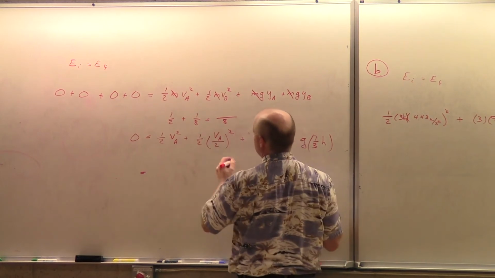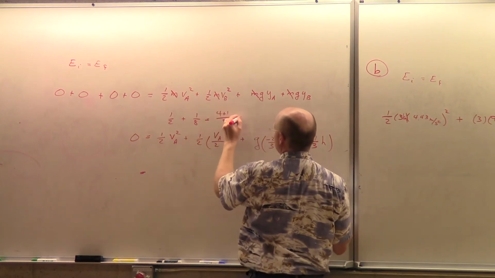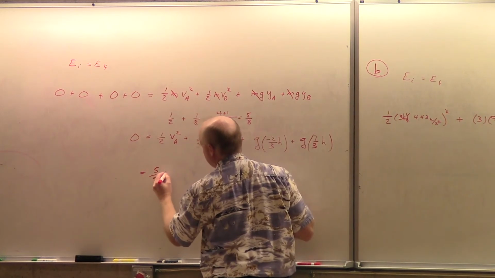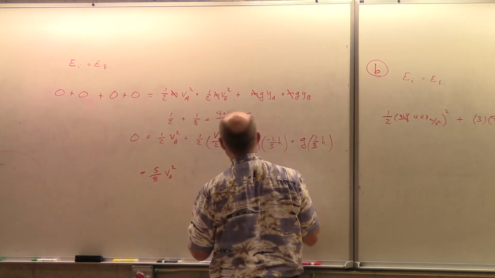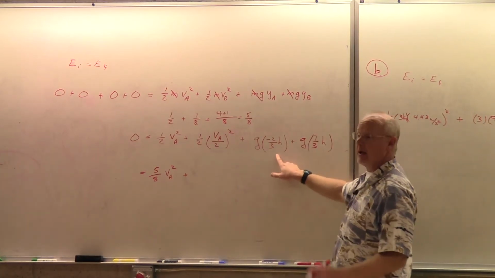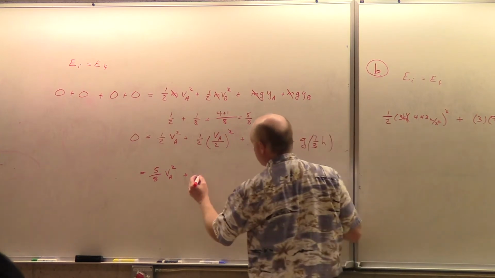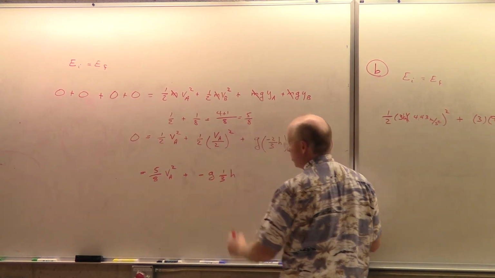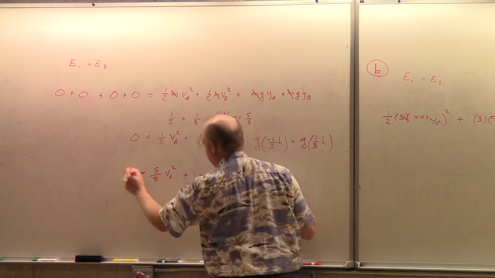So what does that come out to be? 5 plus 1, 5/8? All right, so this is 5/8 VA squared. And this is a 1/3 with a negative 2/3, which is a negative 1/3 h. And that still equals 0.